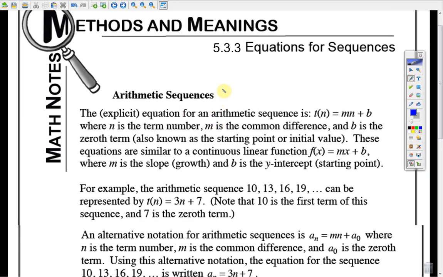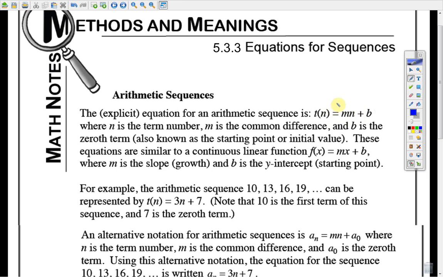They're formed when you add a common difference to each of the terms, such as plus 2, plus 2, plus 2, plus 2 as you're moving down the line, or just adding 3 to everything. The explicit equation for the arithmetic sequence is t of n equals m times n plus b.